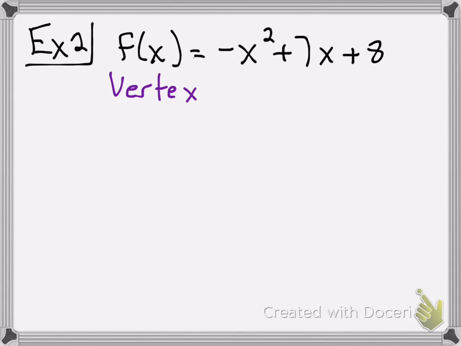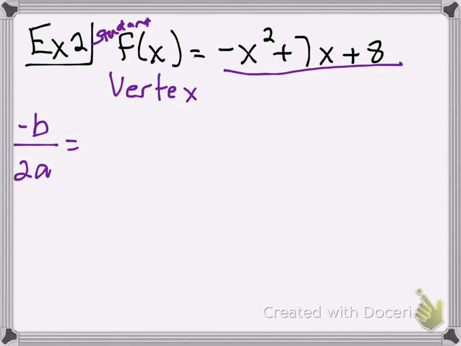Now if you look at the diagram, remember from last week, if you're going from standard to vertex, S to V, standard to vertex, S to V, is the negative B over 2A. Okay? This is where you label. A is negative 1, B is 7, C is 8.